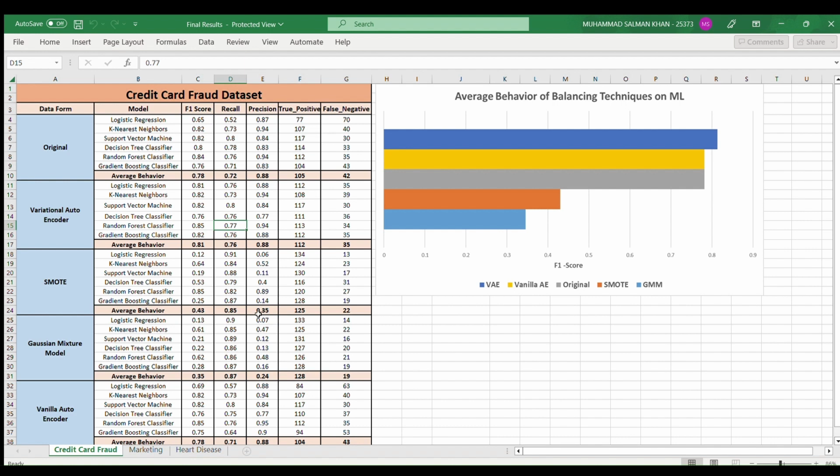We can do further research to conclude whether variational autoencoders can be tuned in a way that they can be used for balancing techniques. But this was our experiment with the variational autoencoder that we have used.